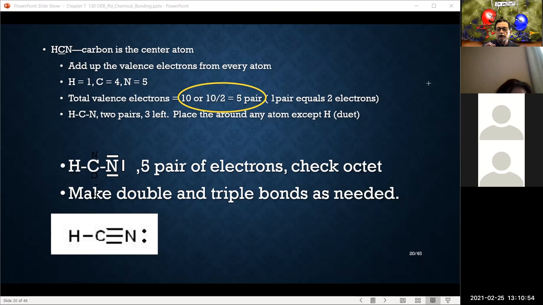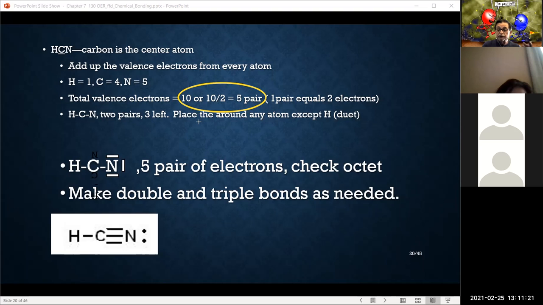Okay, I repeat, the number of valence electrons, you always have a number that is divisible by 2. And never would you have an odd number. You always have a nice number divisible by 2. If you inadvertently said, all right, I got, instead of 10 electrons, you might check for yourself.